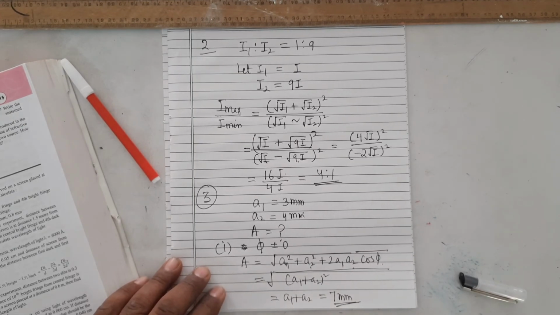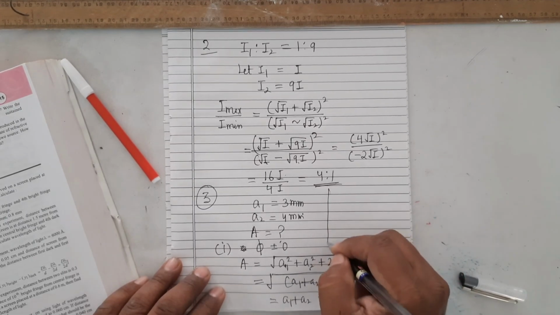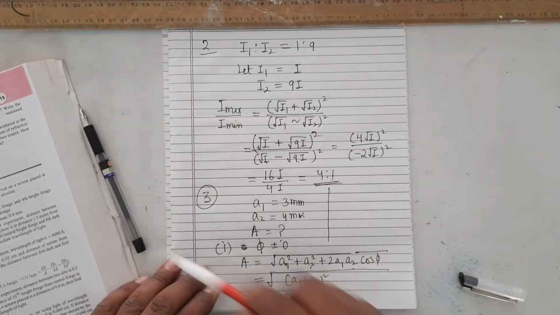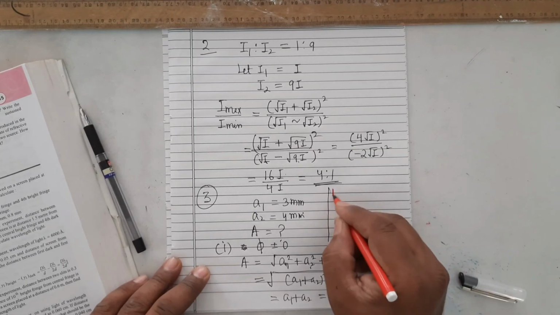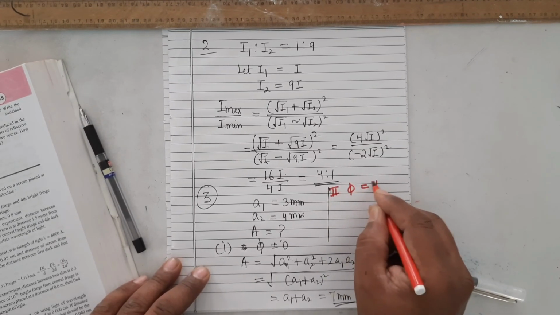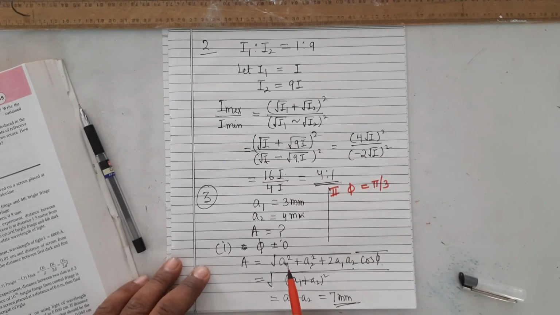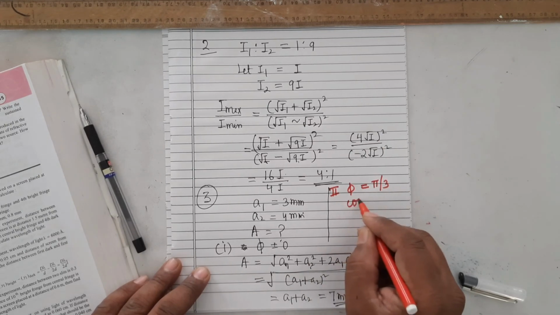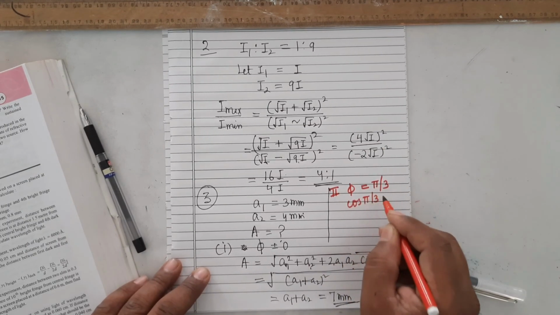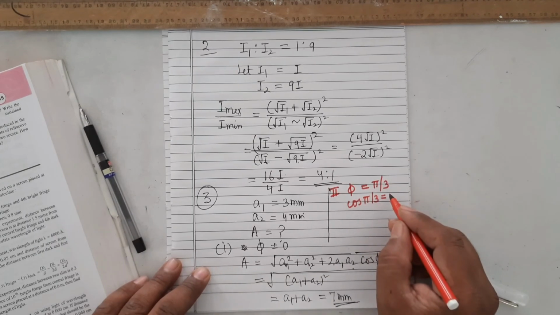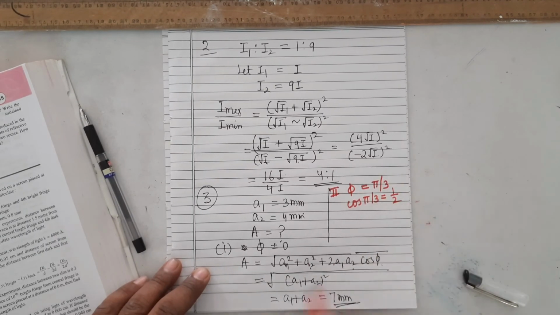Now suppose phi is equal to pi by 3. Here is another case. In the second part, phi is given pi by 3. When it is pi by 3, A1 square plus A2 square plus 2A1 A2 cos pi by 3. What is cos pi by 3? Cos 60 degree is 1 upon 2.